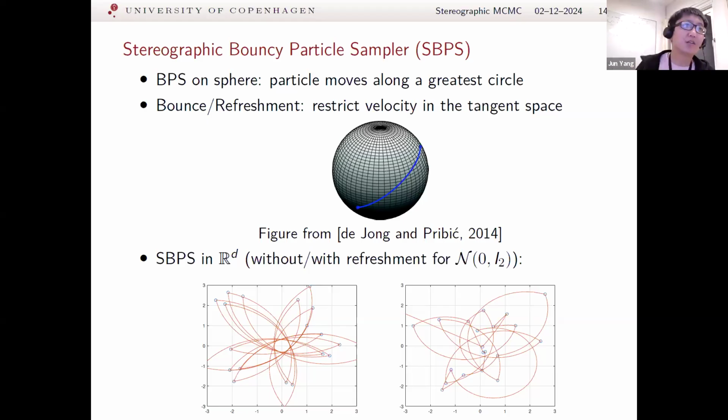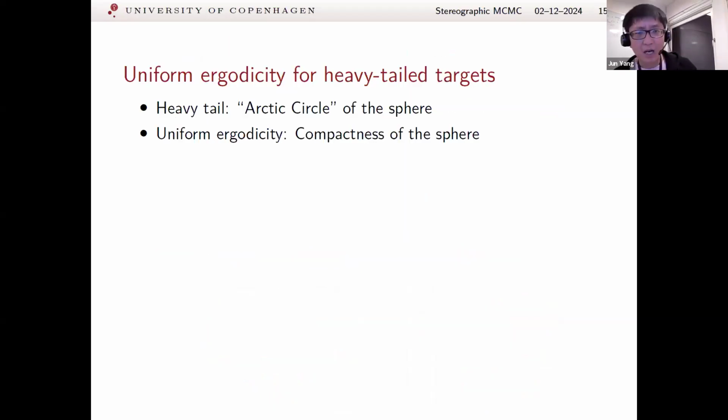Okay, so those are basically the 2 new algorithms. Let's go back to the 2 issues that I mentioned before. The first one is: what if my target has a heavy tail? If you think about this stereographic projection, it basically maps all the tail region to the neighborhood of a North Pole or Arctic Circle.